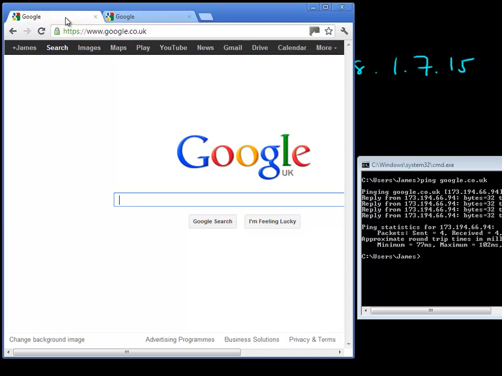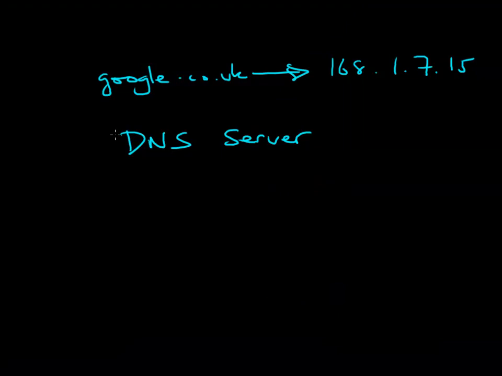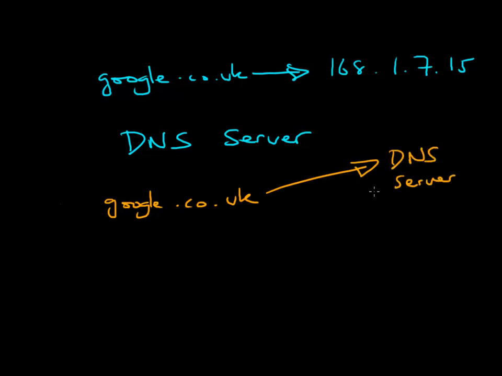What happened when I typed in google.co.uk was something different though. When I just type in the name, google.co.uk, my computer then makes a request to the DNS server saying, what is the IP address for google.co.uk?